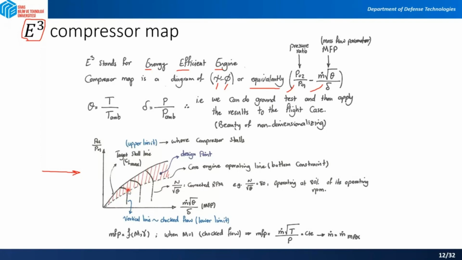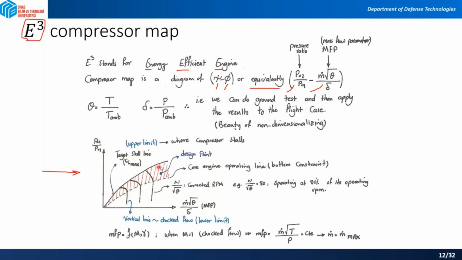It means that you cannot change the pressure ratio if you increase the mass flow rate anymore. So it's a vertical line. A vertical line means it is your limit, it's the end. That's where your compressor is choked. There is no more chance to give more air or more gas inside this compressor.